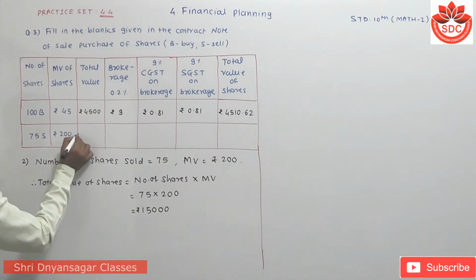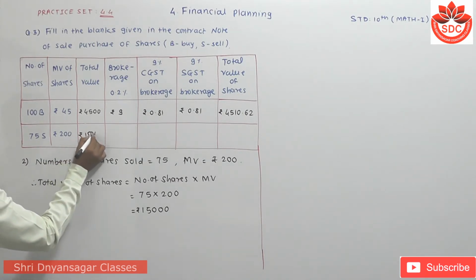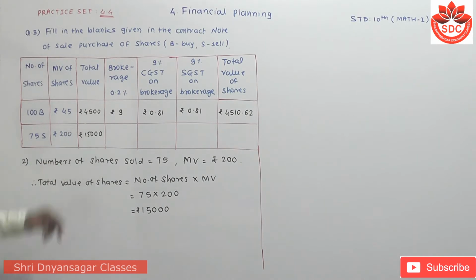This is the total value, so I have to write here rupees 15,000. Then brokerage at 0.2%. This is the first one here. We have to find the second one, the brokerage of this point here. So brokerage is equal to how much?